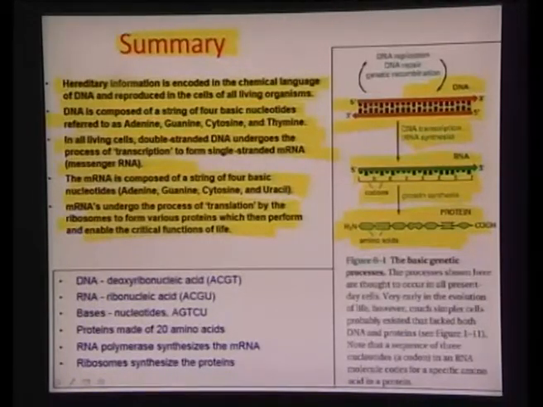Some take homes are that DNA comprises A, C, G, T; RNA, ribonucleic acid, comprises A, C, G, U; nucleotides are the bases A, C, G, T, U. Proteins are made up of 20 different amino acids in a variety of combinations. The RNA polymerase synthesizes the mRNA from the DNA, and the ribosome synthesizes the protein from the mRNA. So these are in general take homes.